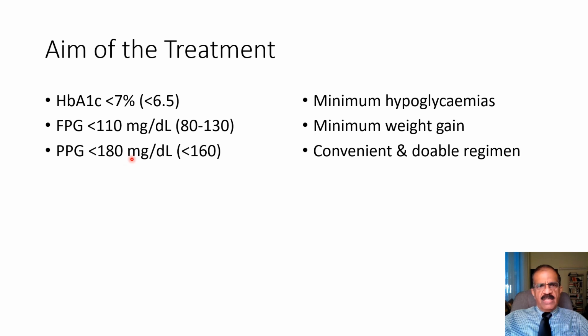Other societies say it should be less than 160. Please note down, this is not exactly achievable in everyone, because, number one, the time of 2 hours should be counted from when we start the meal. The time which we take for the meal should also be included in this 2 hours.